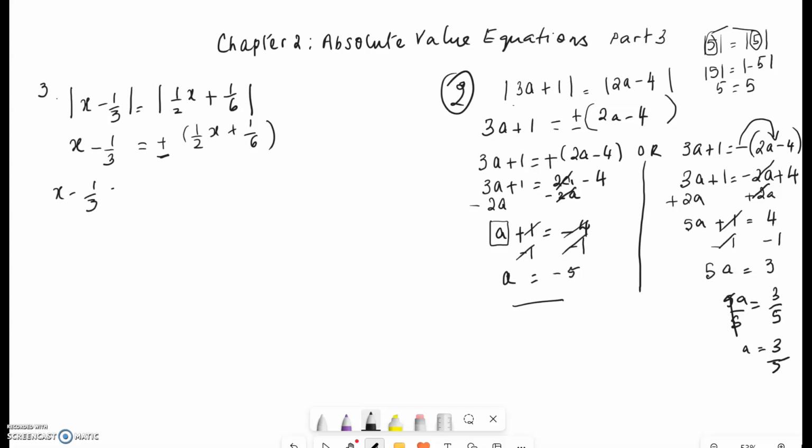x minus 1/3 equals half x plus 1/6. Or x minus 1/3 is equal to the minus of half x plus 1/6.